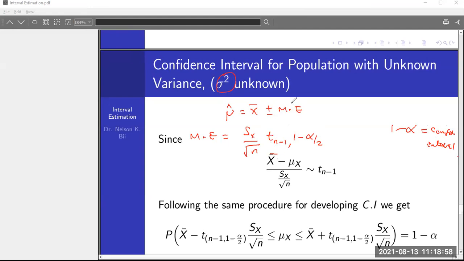So this is the margin of error that we are going to add to estimate the population mean mu at that 1 minus alpha confidence level.